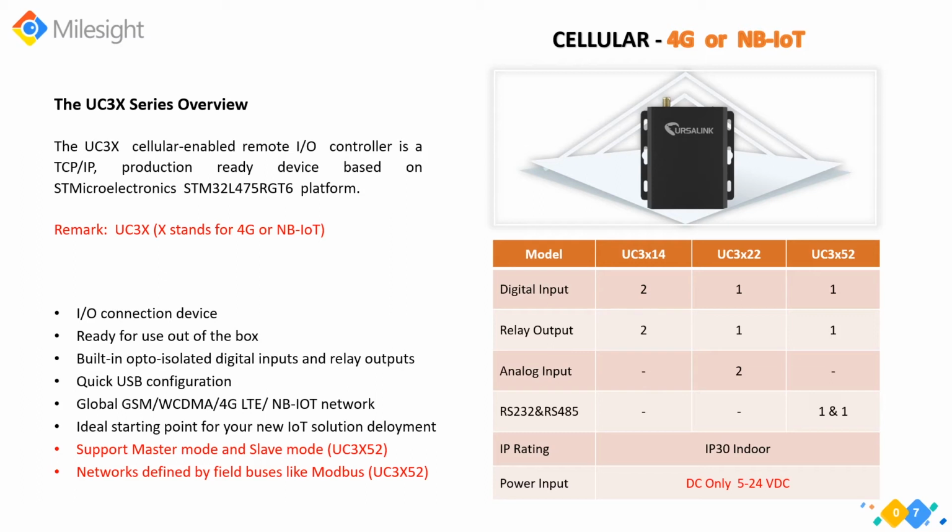And the Milesight UC3 series I/O controllers offer high-speed cellular like 4G, 3G, and 2G, and low-speed cellular like NB-IoT. It's designed for indoor usage only because the IP rating is IP30 only, and they can be acted as a TCP/IP device.